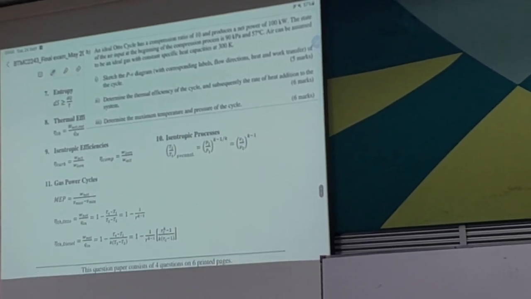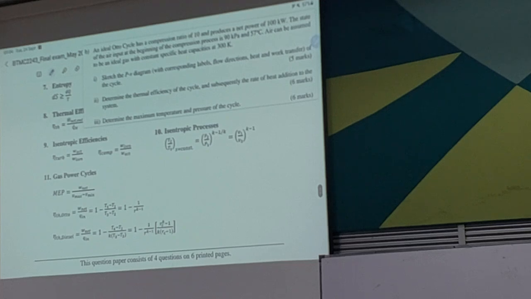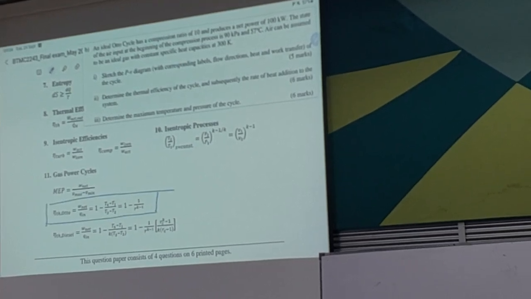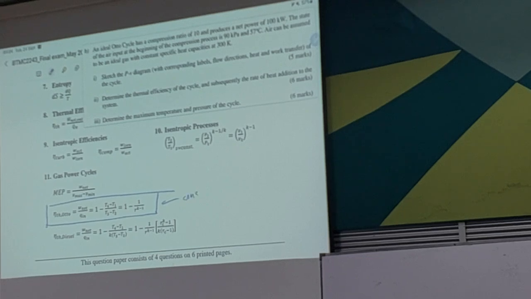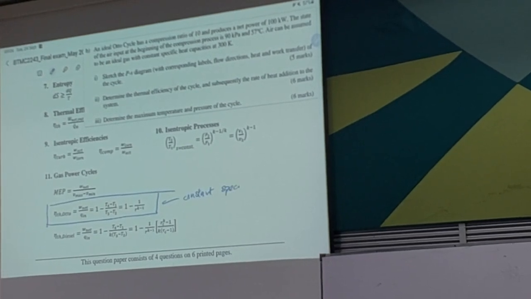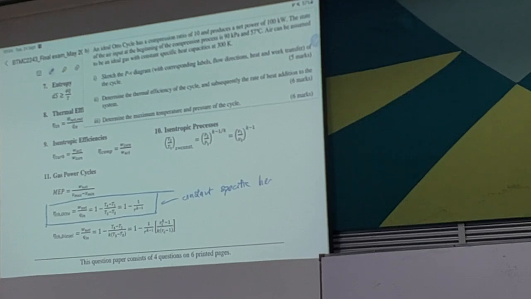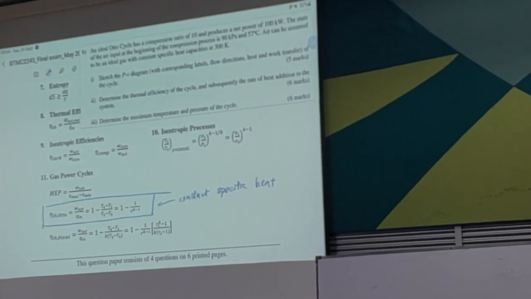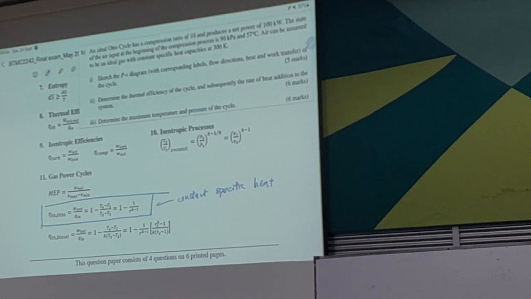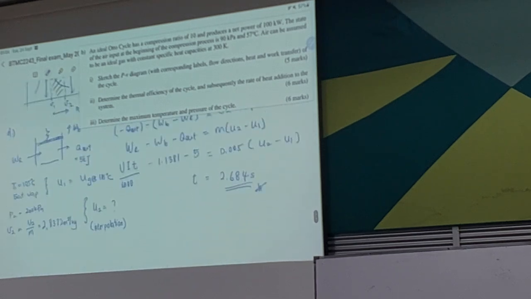So these are the equations. We have the Otto cycle equation for constant specific heat. Reminder, you cannot use this equation if we are talking about variable specific heat. You can only use it when we are dealing with a constant specific heat question, which is the case here.